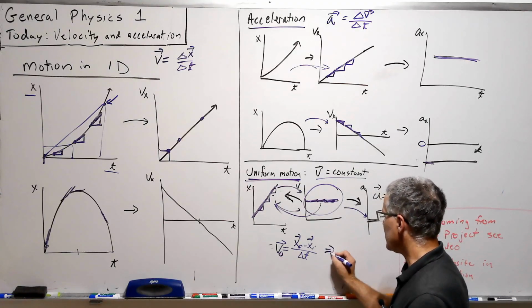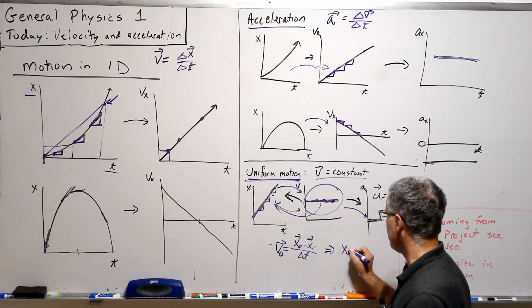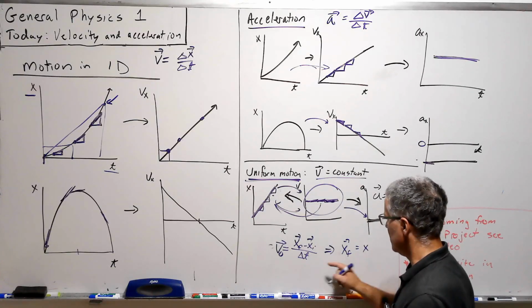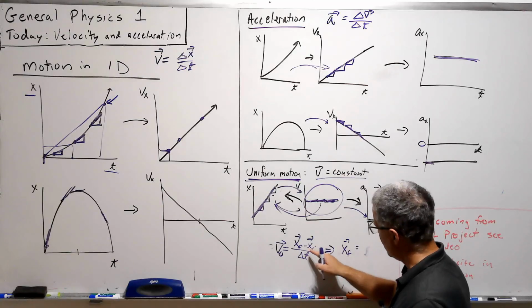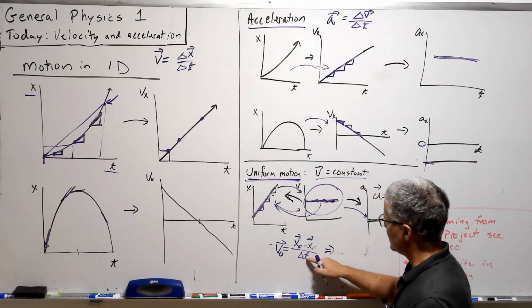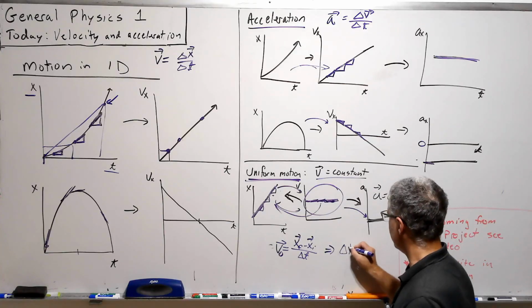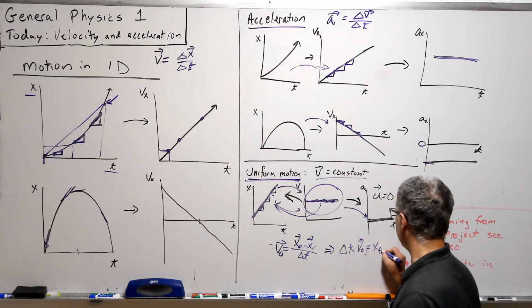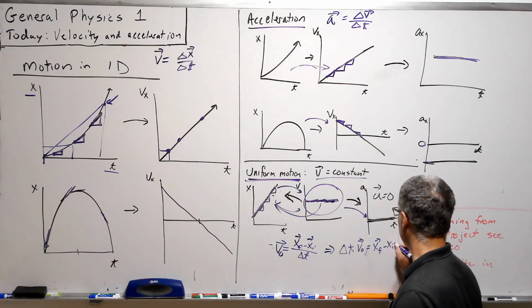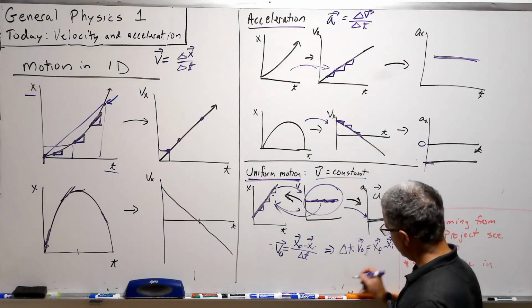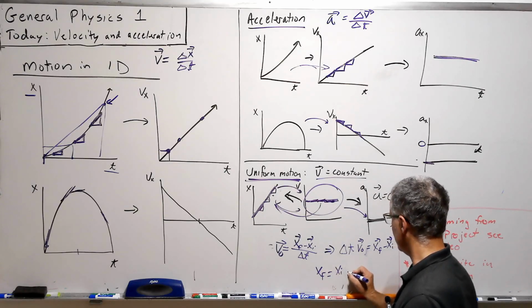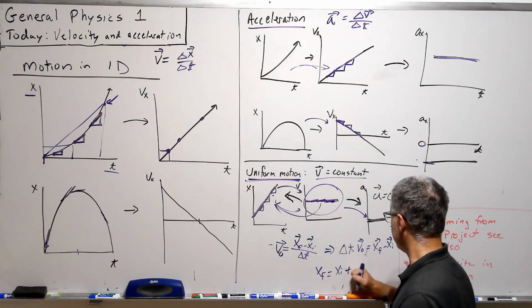So we just rearrange this algebraically. Well, let me take it in steps. So I'm going to bring this over here. Delta t times v naught equals x final minus x initial. So x final equals x initial plus v naught delta t.